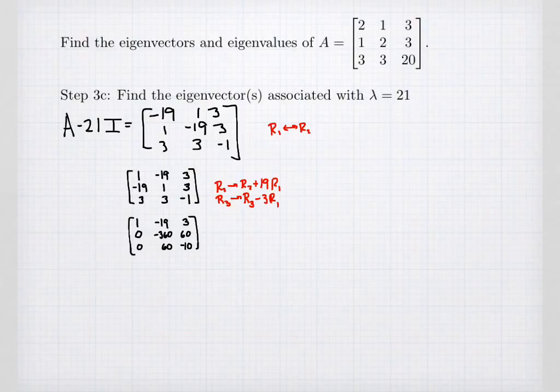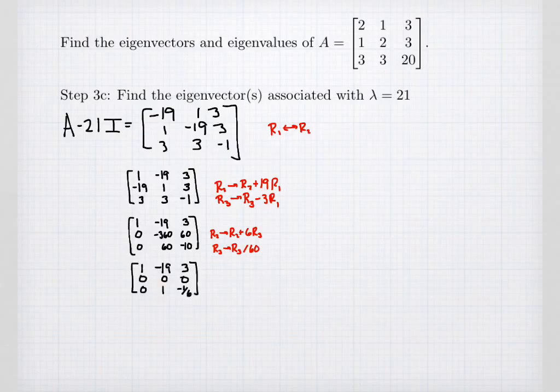And now I want to just notice that these rows are multiples of each other. I need to get something that cancels. And in fact, it's easiest here to say I'm going to replace row 2 by row 2 plus 6 row 3. And then after that, I'm going to replace row 3 by row 3 divided by 60 to get rid of that leading term.